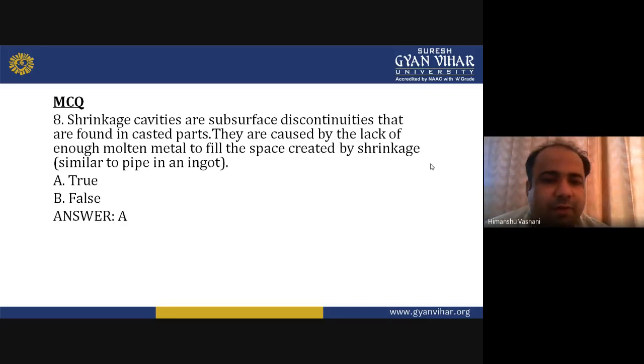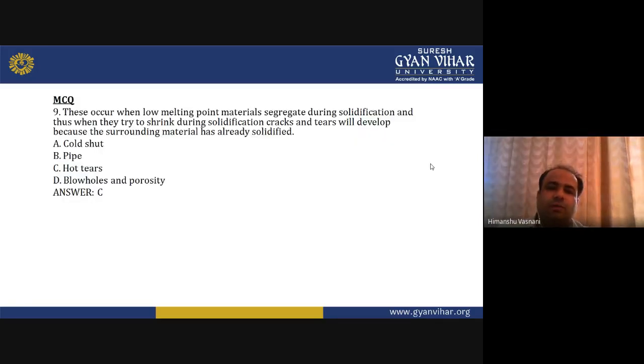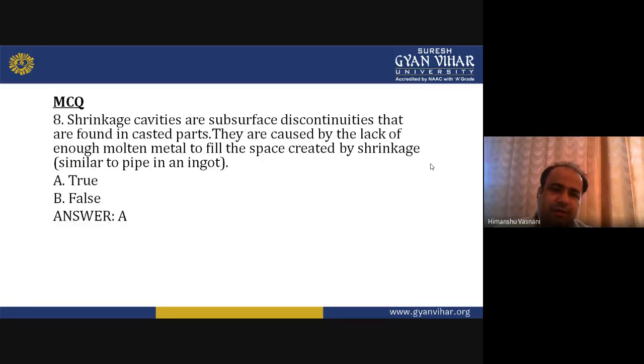If proper molten metal is not supplied, then what will it do? It will go for shrinkage cavities. And these shrinkage cavities will cause some discontinuities, and these discontinuities are not allowed. So it is true. Okay, shrinkage cavities.